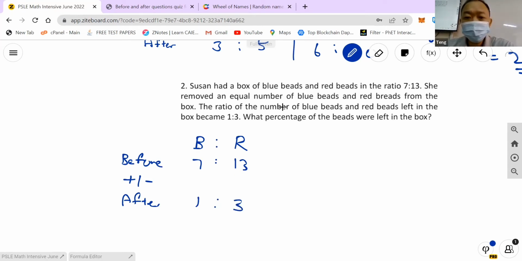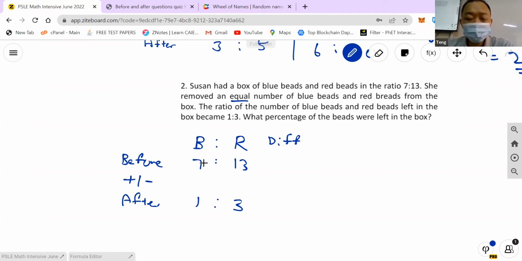So this question is the difference unchanged. Why is it called difference unchanged? Because you remove an equal number from both, so the difference is still the same.